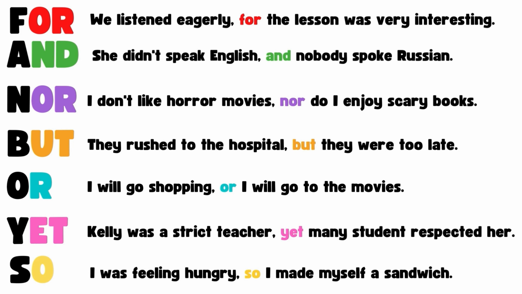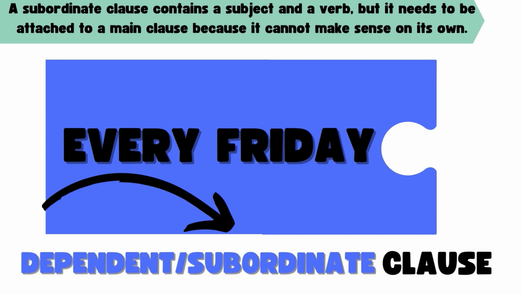Now, make sure to always add in your full stop, or as we say in American English, the period, at the end of your sentences, or use exclamation points or question marks if need be. A subordinate clause contains a subject and a verb, but it needs to be attached to a main clause because it cannot make sense on its own.